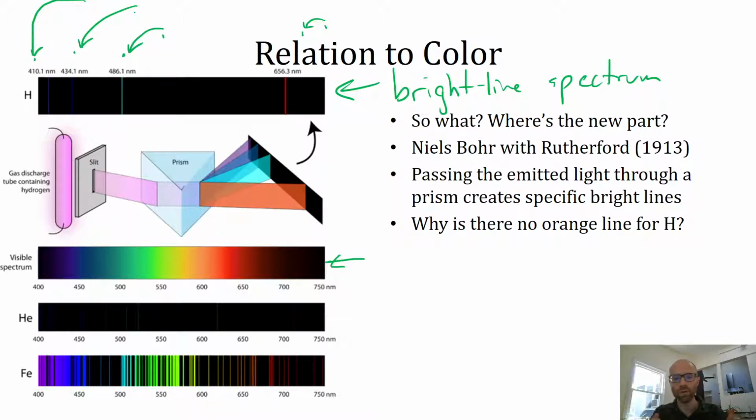But more importantly, there's no orange line for hydrogen. There are several lines for iron, some oranges, yellows, greens, all that, but there's no orange line. And since there's no orange line here, this kind of leads to the discussion that certain jumps don't happen.